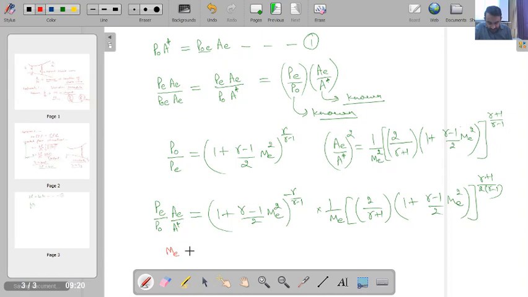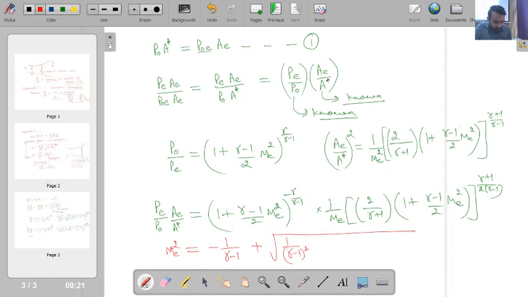So if I calculate the value of ME, it comes out to be ME square is equal to minus 1 by gamma minus 1 plus square root of 1 by gamma minus 1 square plus 2 by gamma minus 1 into 2 by gamma plus 1 whole power gamma plus 1 by gamma minus 1 multiplied by PE into A star divided by POE into A star, POE stagnation pressure, into PE by AE whole power 2.